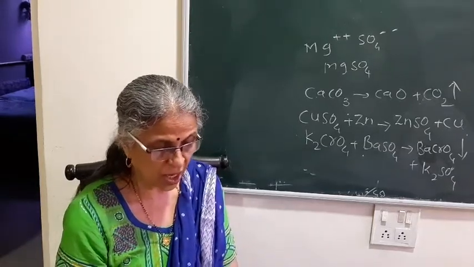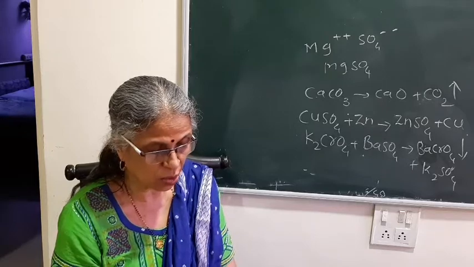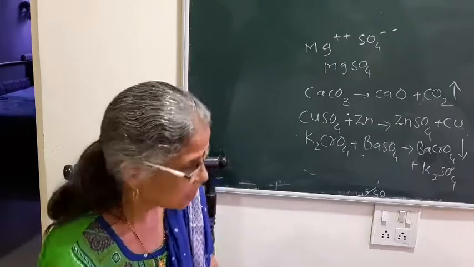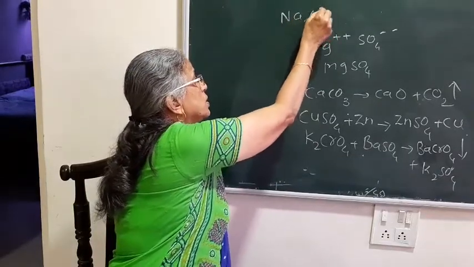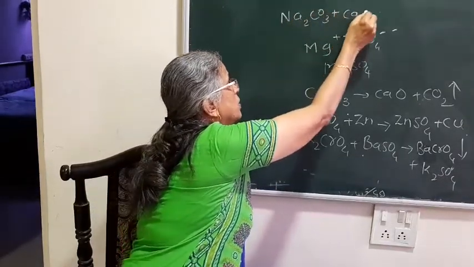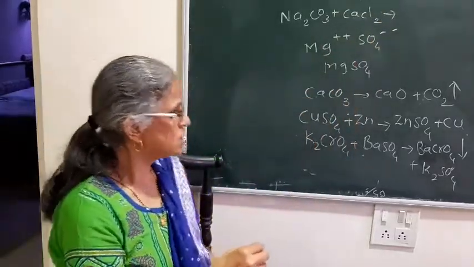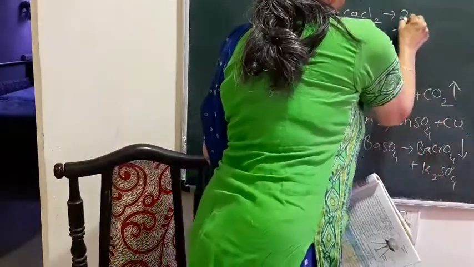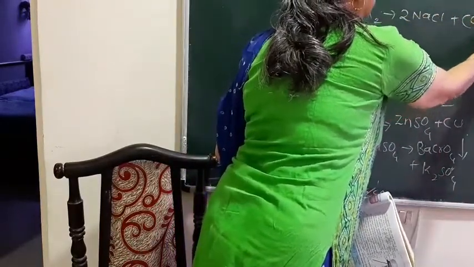Then add sodium carbonate, Na2CO3 solution, to the calcium chloride solution. Na2CO3 plus CaCl2 gives us 2NaCl plus CaCO3. So it is also a double decomposition reaction.